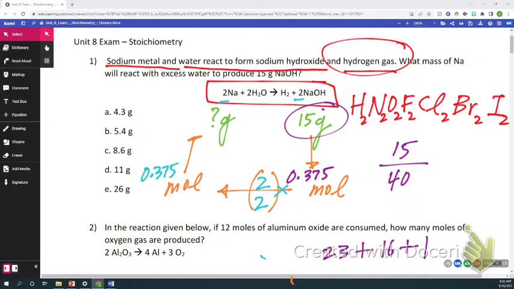And then times 23, right? To go back to grams, you have to multiply by molar mass. The molar mass of Na is 23. So you multiply those two and you get 8.625. Answer C. Okay?